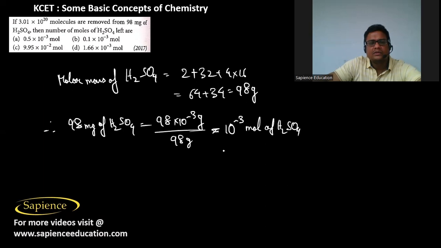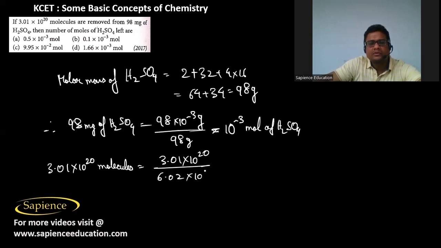It means how many molecules do we have? Here it is told that 3.01 into 10 power 20 molecules have been removed. It means 3.01 into 10 power 20 divided by the Avogadro number, that is 6.02 into 10 power 23.